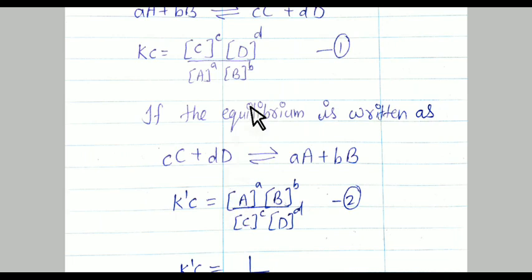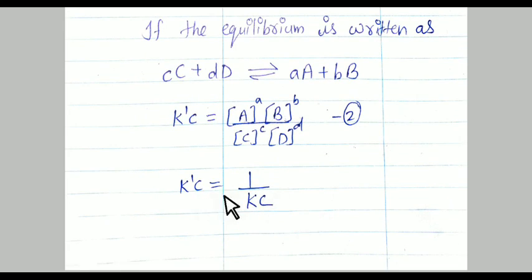So we have two formulas for the equilibrium constant at molar concentration, one for the forward reaction and another for the reverse reaction. Now just see the relation between these two formulas. Both are the reciprocal of each other, meaning K dash C is equal to 1 upon Kc.